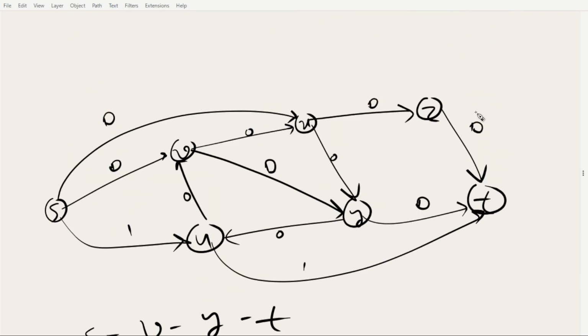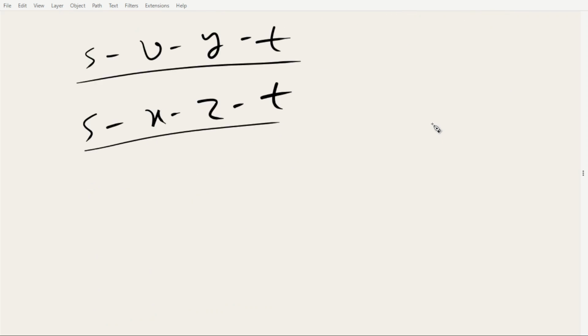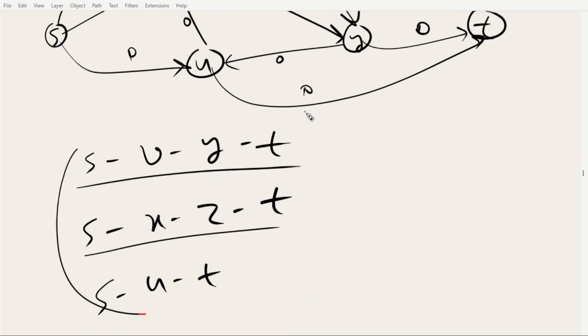Again repeat the same process. Now the remaining is S, U, T. Again same process, make it 0. So we are getting 3 disjoint ST paths.